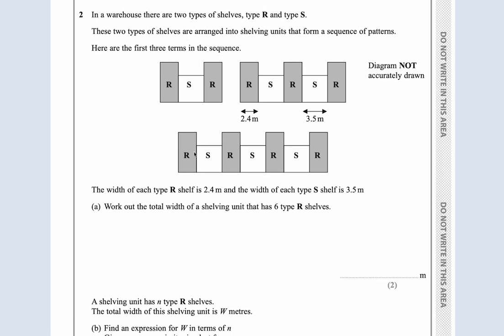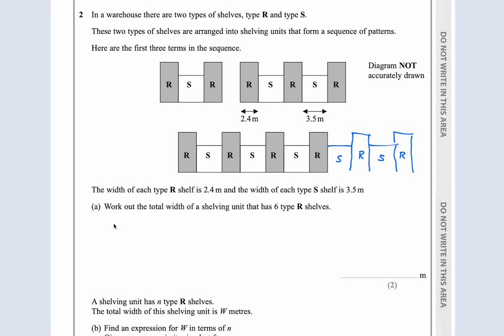Okay, so if there's 6 of these, 1, 2, 3, you could even draw it, guys. Look, you get 4. That's obviously a terrible drawing, guys, but whatever. So now we've got 1, 2, 3, 4, 5, 6 of these R's, and we've only got 5 of the S's. 1, 2, 3, 4, 5.